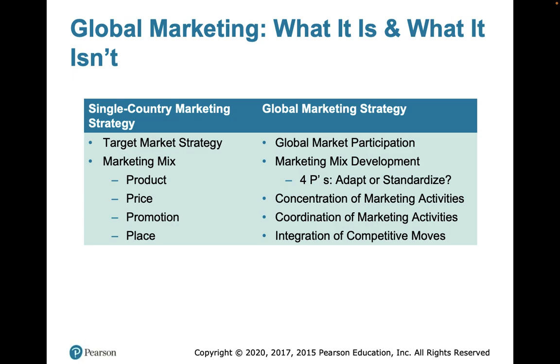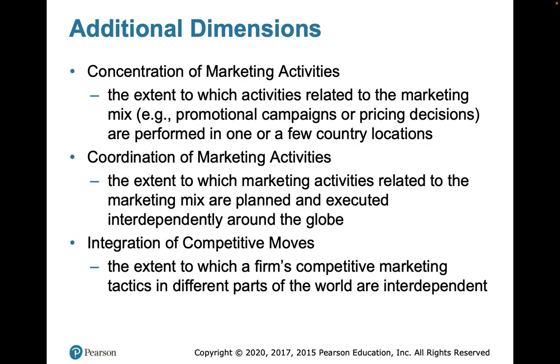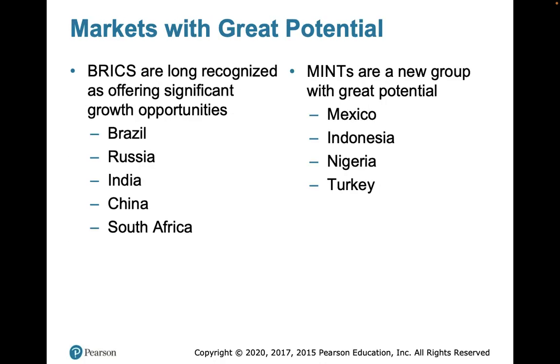There's also concentration of marketing activities, coordination of marketing activity, and the integration of competitive moves. Then we also going to look at the additional dimension, which talks about the concentration of marketing activities, then the coordination of the marketing activities, and integration of competitive moves.